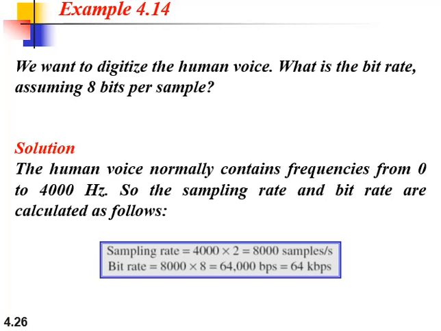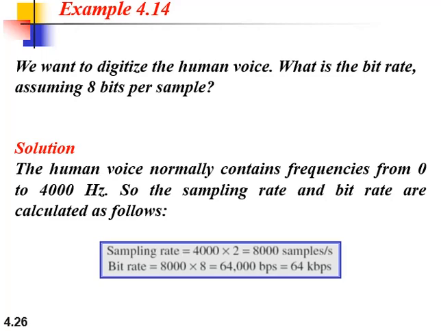So since we have 8000 samples here and each sample has 8 bits, that multiplies to 64,000 bps, which stands for 64,000 bits per second. So when you convert, it gives you 64 kbps.